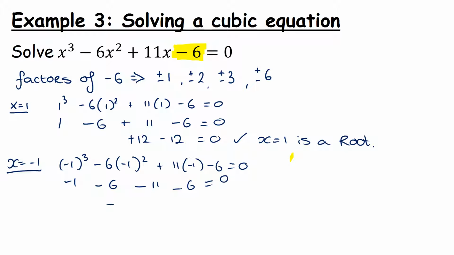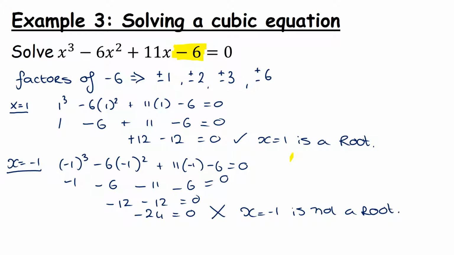So we have minus 12 minus 12 equals 0. So we end up with minus 24 equals 0. So x equals minus 1 is not a root. So we use trial and error. Now you don't have to go into that much detail and show that much of your workings. You can do it on the calculator.